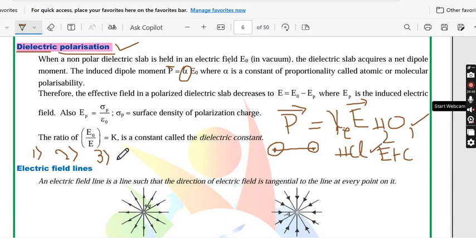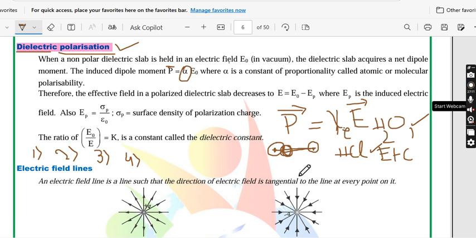Then coming to the non-polar molecules. Opposite to polar molecules, a non-polar molecule is one in which the centers of positive and negative charges coincide. Such molecules are called non-polar molecules.